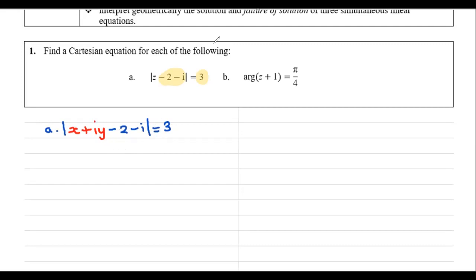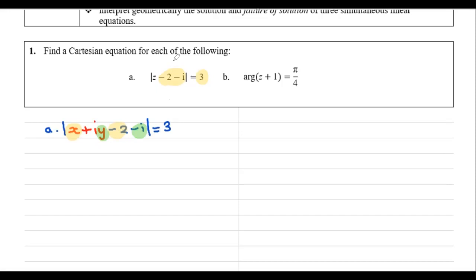Now, the next thing we need to do, now we've written z as x plus iy, is we're going to collect the real and imaginary parts together. So the real parts are the x variable there and the minus 2. The imaginary parts have the factor of i in them. So we've got the y there and minus i there. We'll deal with that in a moment.